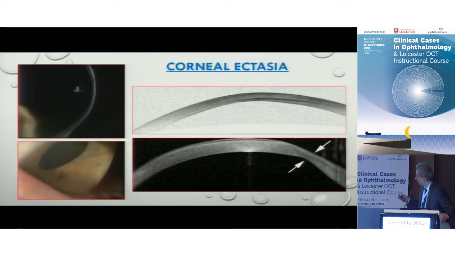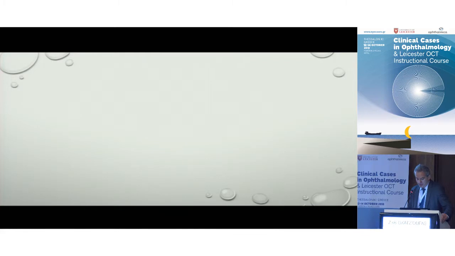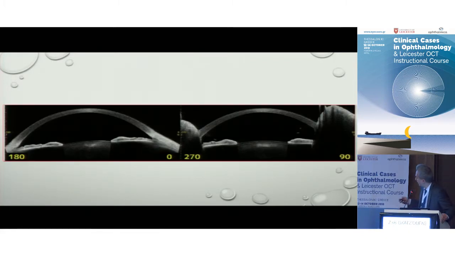Now, this is a case of keratoconus. You can observe the corneal thinning, and another case of Terrien degeneration with marked corneal thinning. And here you see again with the Casia imaging technique the thinning and haze in the case of keratoconus, apical haze and corneal thinning, here the same.